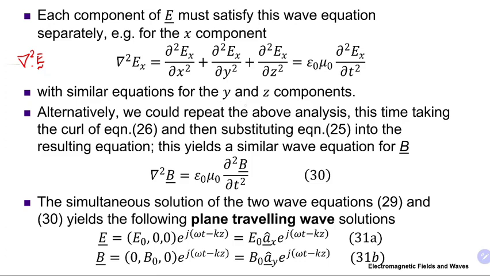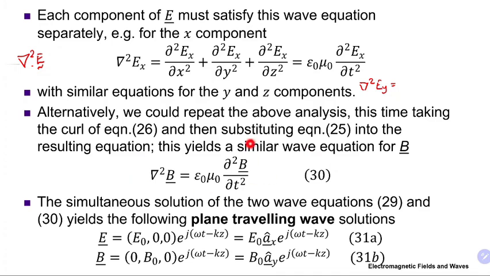Similarly, we have another two components, one for y. So we have the same equation on the top, but instead of E of x, it will be E of y, and this side here will be del squared E of y over del t squared.